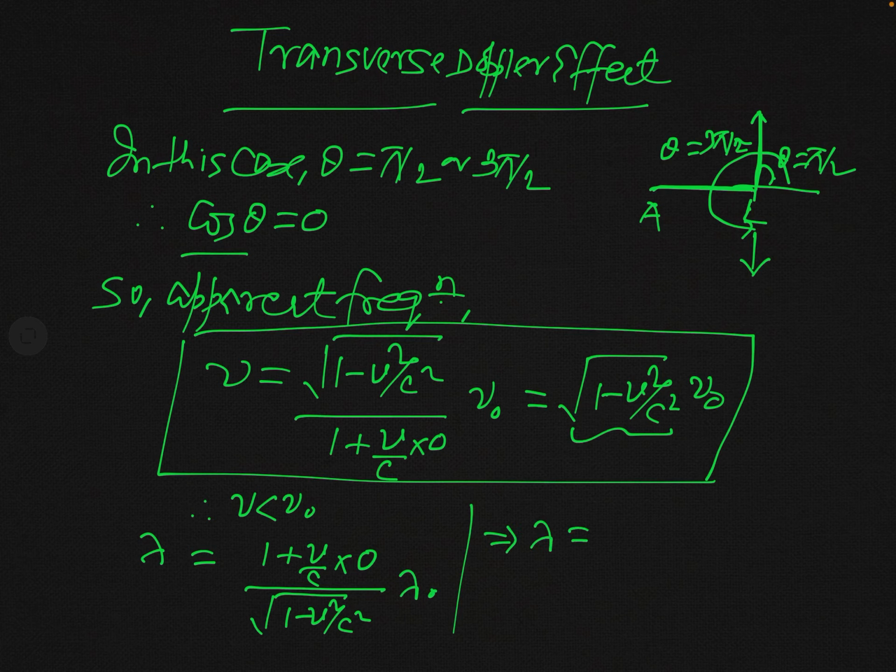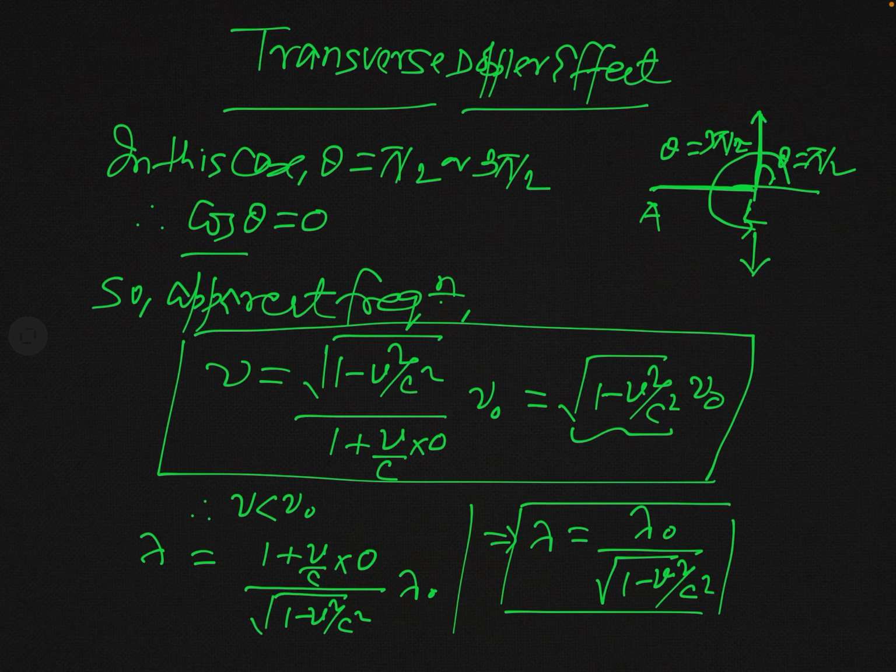And so you can see this lambda is simply equal to lambda naught over root over 1 minus v square by c square. So this is the expression for the apparent wavelength in case of transverse Doppler effect. And from here you can see, since the denominator is a number smaller than 1, in this case lambda is greater than lambda naught.